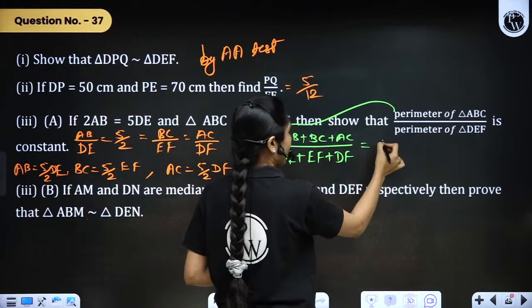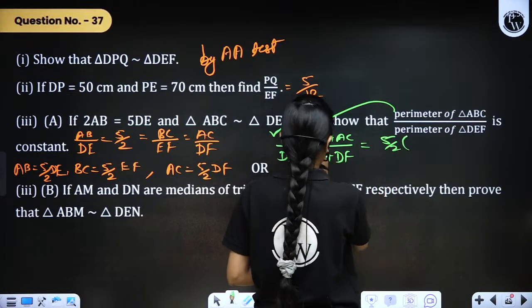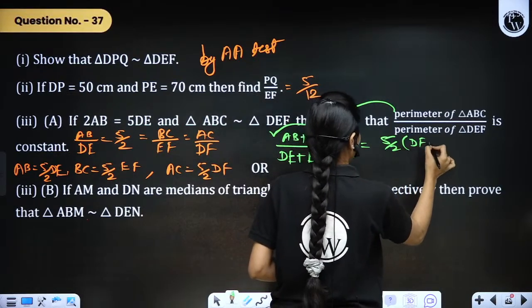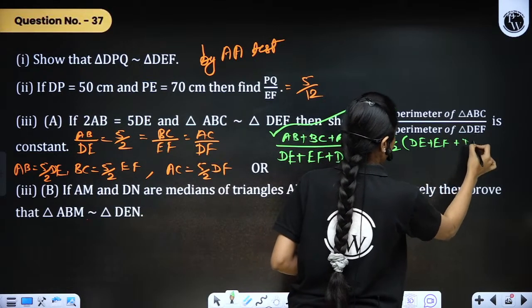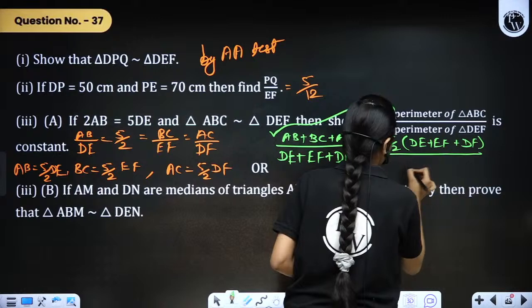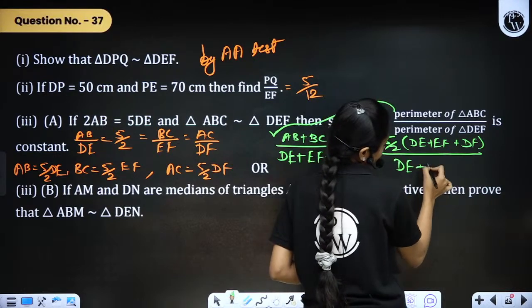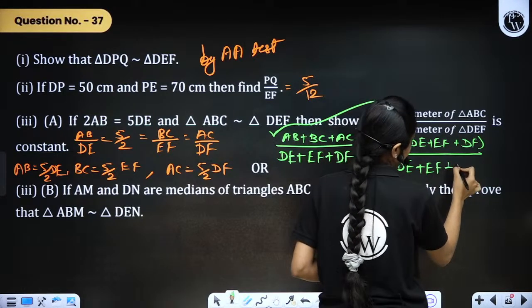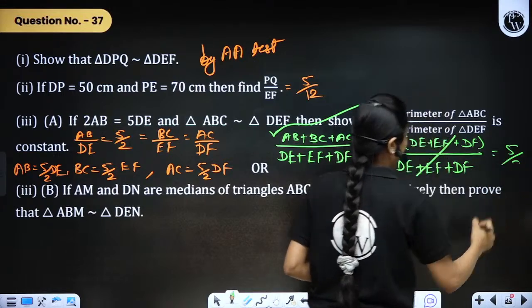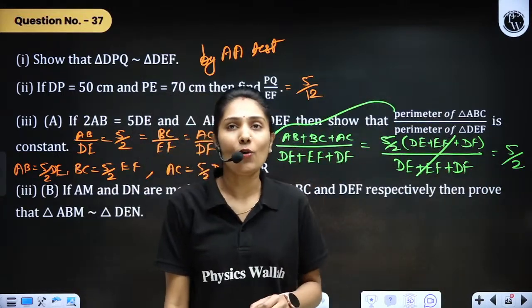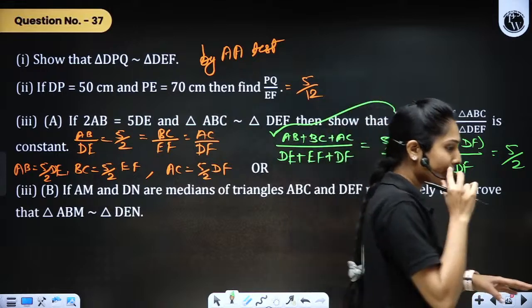Now we take 5 by 2 common, so it is DE plus EF plus DF upon DE plus EF plus DF. This will get cancelled and we are left with 5 by 2, which is a constant value.